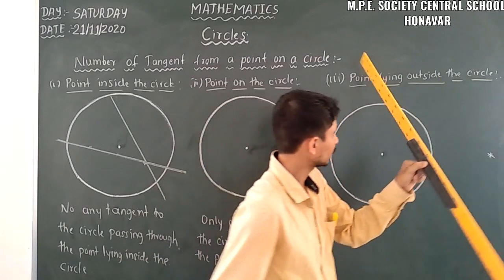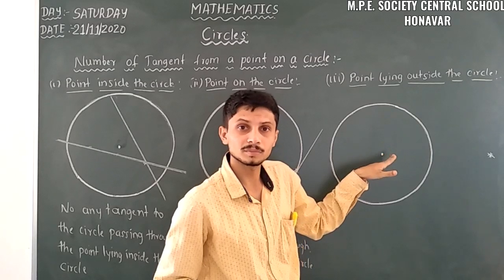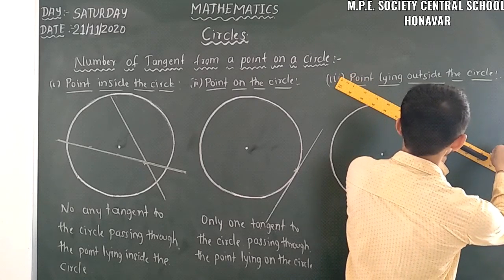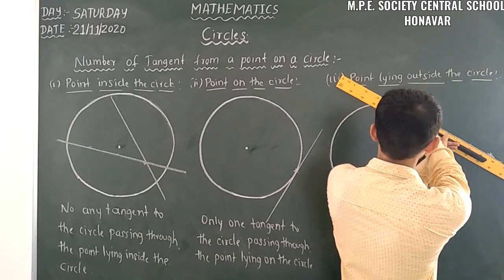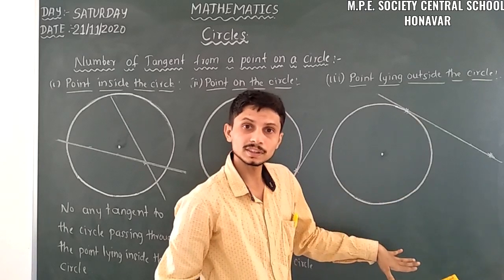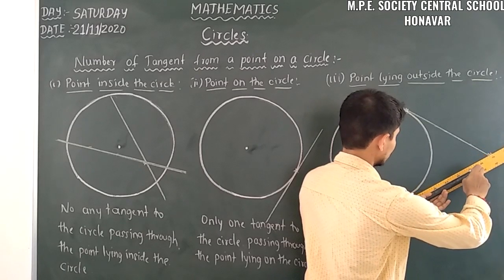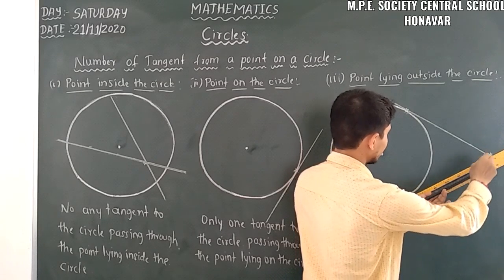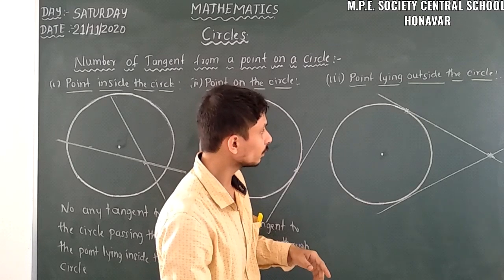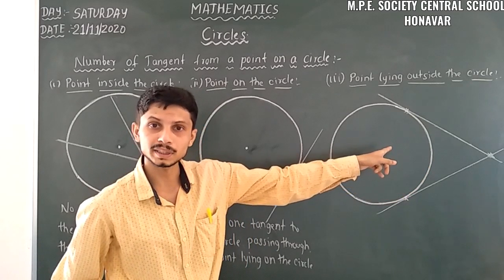Firstly, above the center of the circle, I will draw a tangent passing through this point. That is one possibility. Secondly, below the center, we can draw another tangent here. So that means only two tangents can be drawn when a point is lying outside the circle.